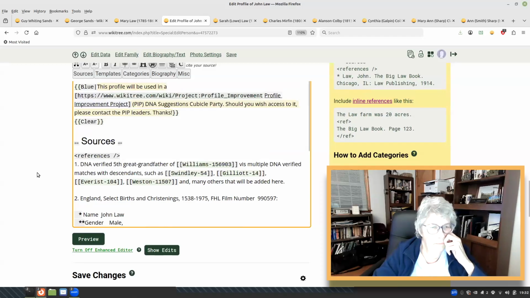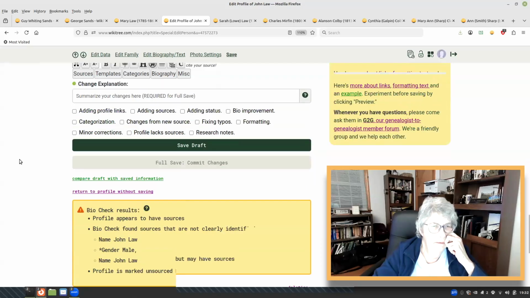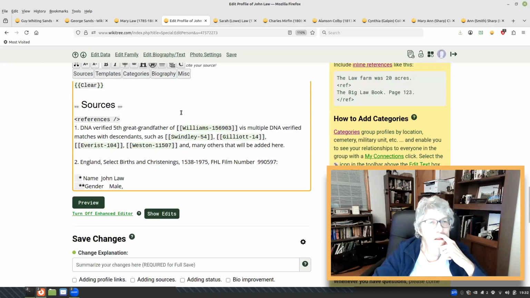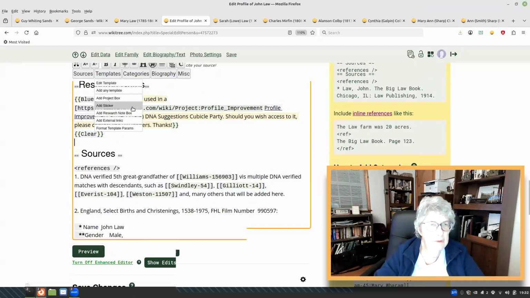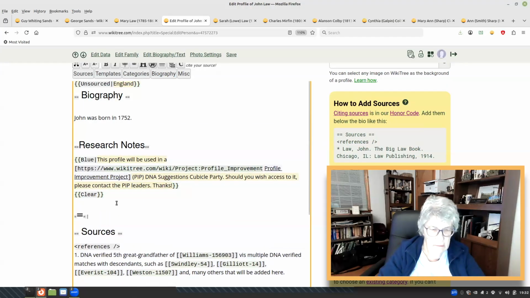Okay, and biocheck will tell us that, oh, I didn't find that. We're going to take this. We're going to add, we got research notes up here. So we're going to add DNA. I can't type tonight.